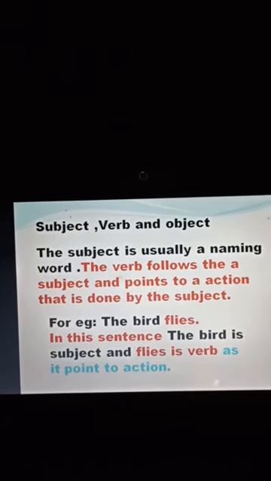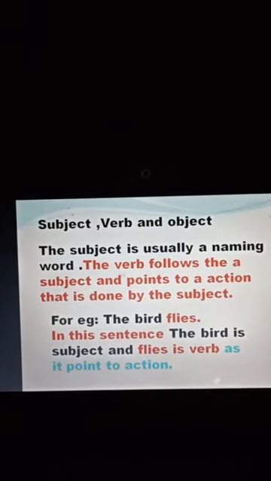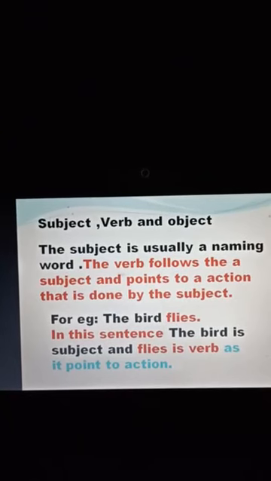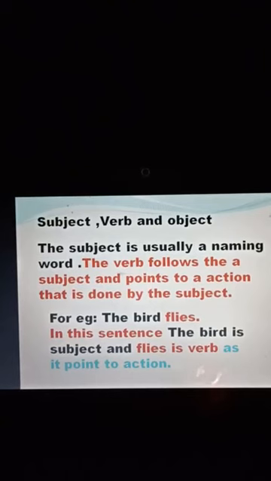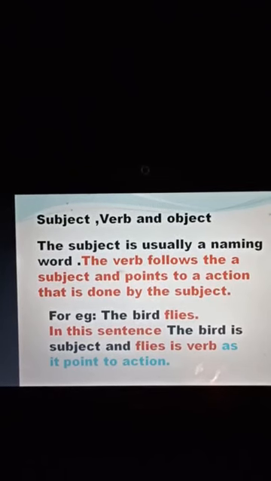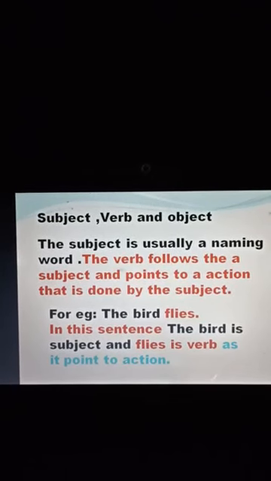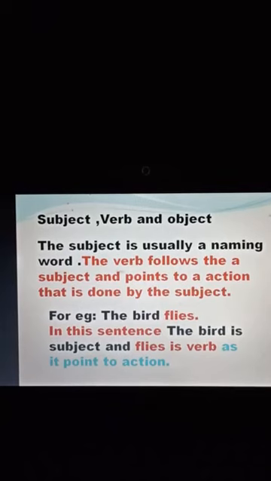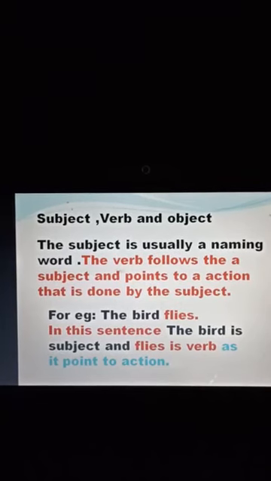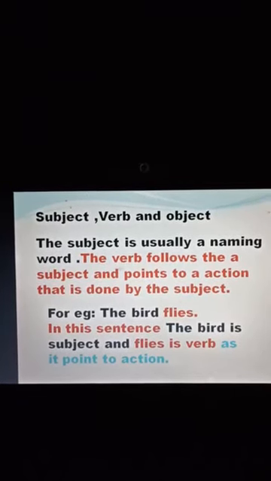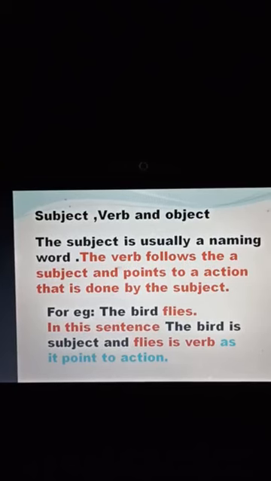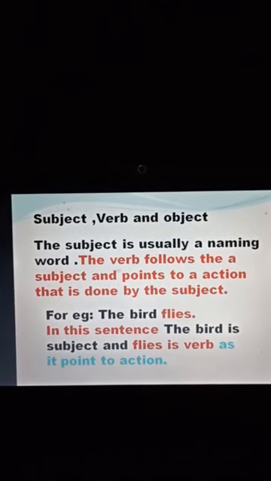So the action done by a subject is called a verb. For example, the bird flies. Bird is a naming word and it is the subject. Flies is the action which is done by the bird, so flies is the verb as it points to action.